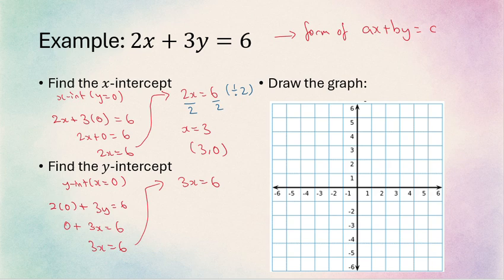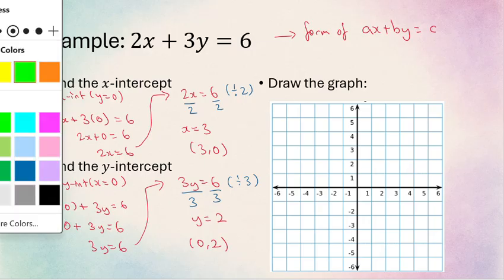Now, I need to remove the 3 that's attached to the y. I'm going to divide by 3. Oh, what am I doing? Why am I writing x? It should be y. Oops. So 3y equals 6. So divide both sides by 3. And I end up with y equals 2. That means my coordinate point is (0, 2).